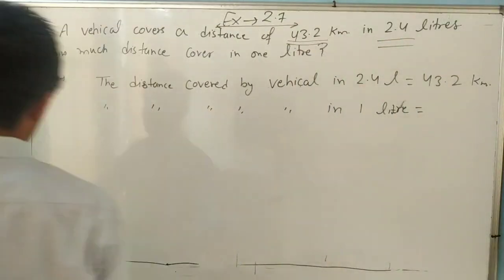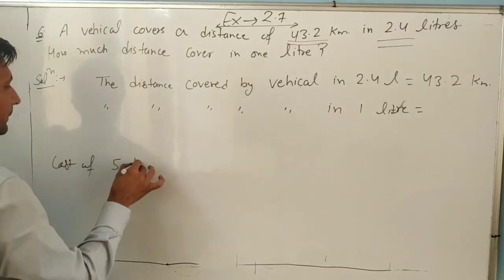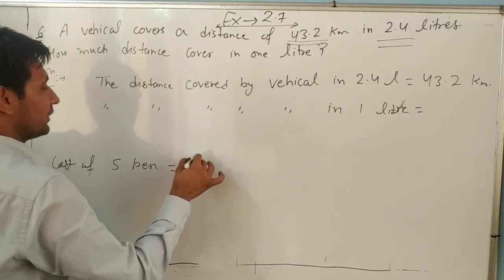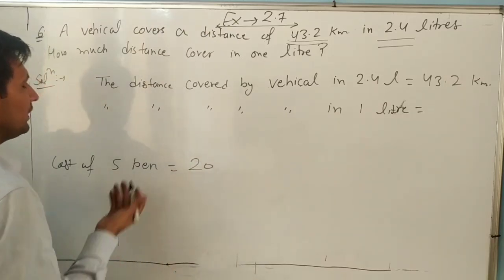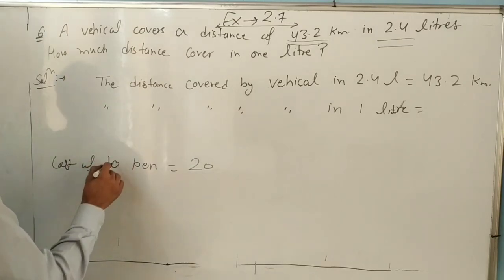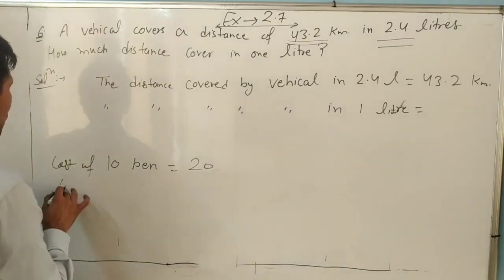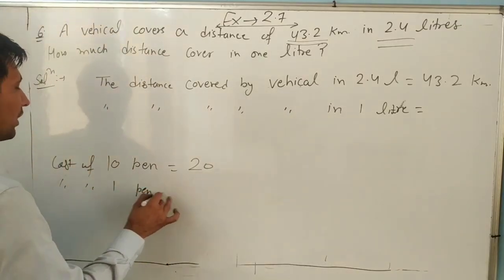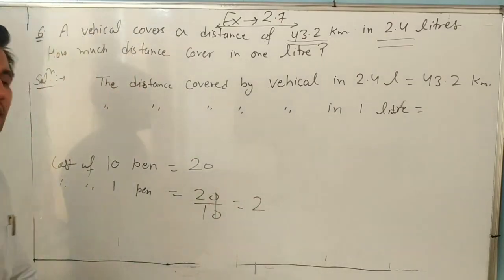Like this one, if I say to you, the cost of 10 pens is 20 rupees. Anything you can take, okay? How much is the cost of 1 pen? 20 divided by 10, how much? 2 rupees. Same as it is.